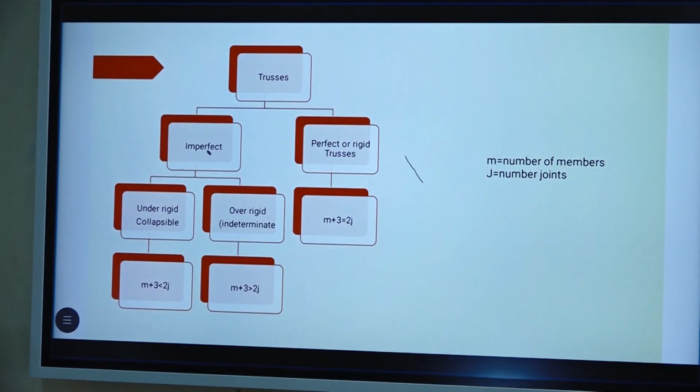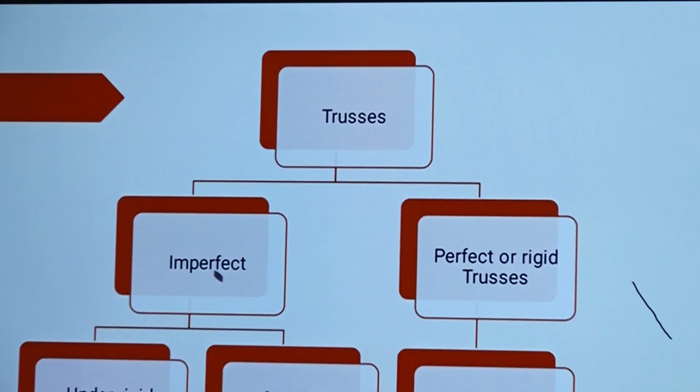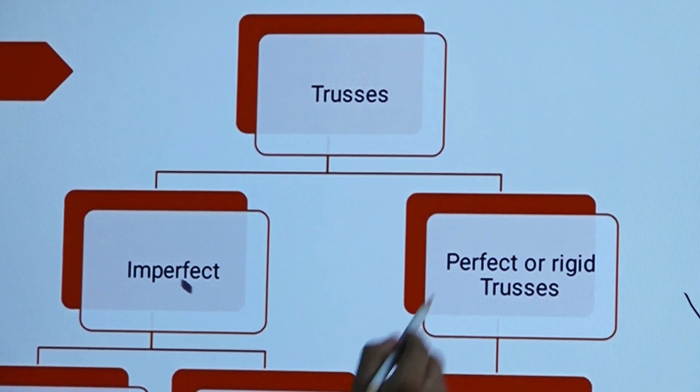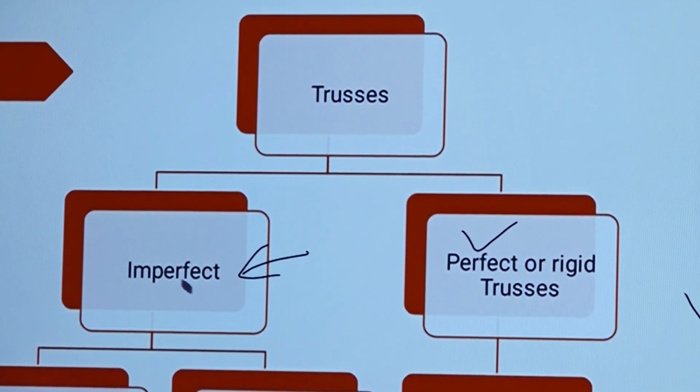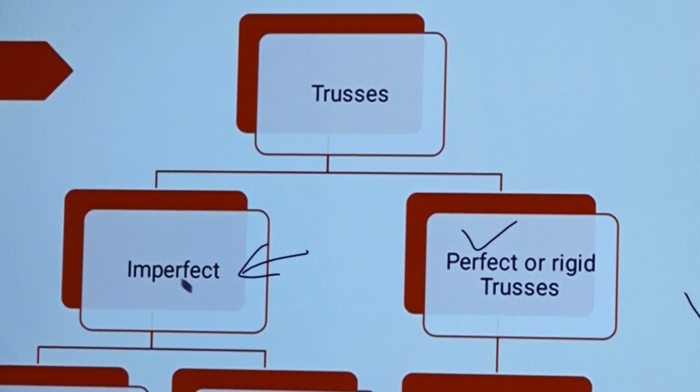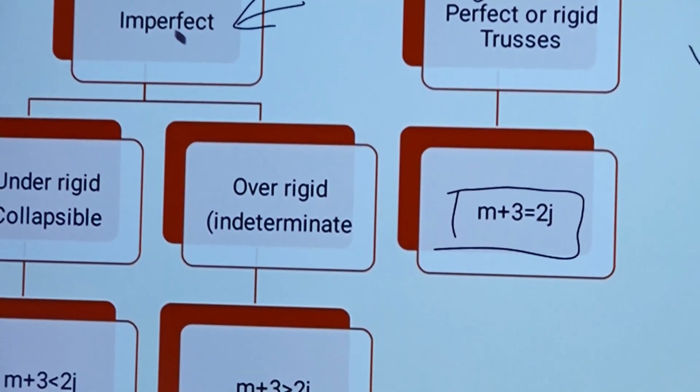Normally trusses are of 2 types, imperfect and perfect. So what is the meaning of imperfect and perfect? First we will see perfect trusses, which we are going to analyze in this chapter. We will not go into imperfect trusses, but as a definition we should know what imperfect trusses are. Perfect trusses follow this equation.